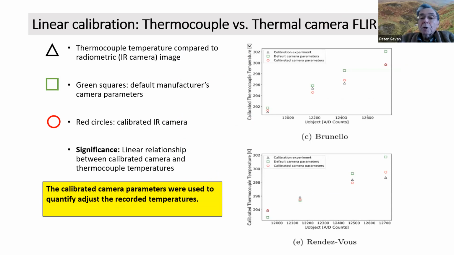It's a linear relationship, which makes things fairly simple from a major point of view, from our worries about what are we actually measuring. And so we were able to use the calibrated thermal camera parameters to quantify and adjust our recorded temperatures by thermocouples. So that, I think, is a useful thing from a point of view of growers who might be interested in using thermal cameras to measure the environmental conditions in their greenhouses and outside, for that matter. Next.